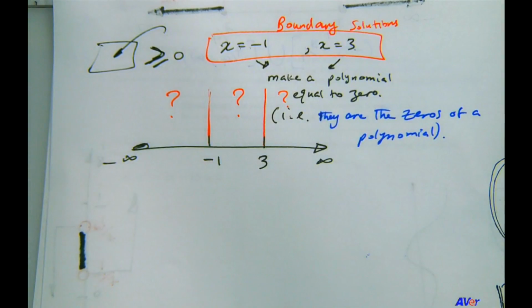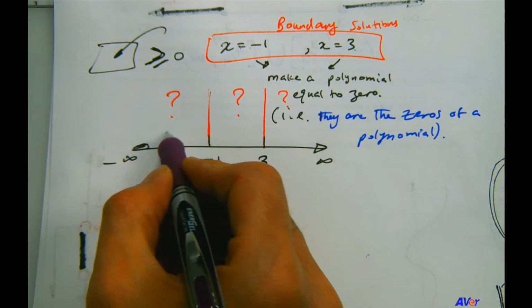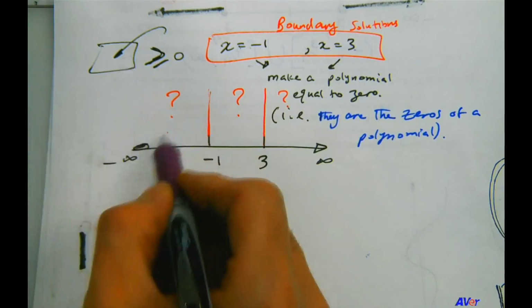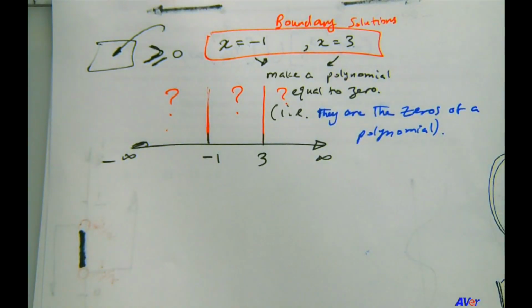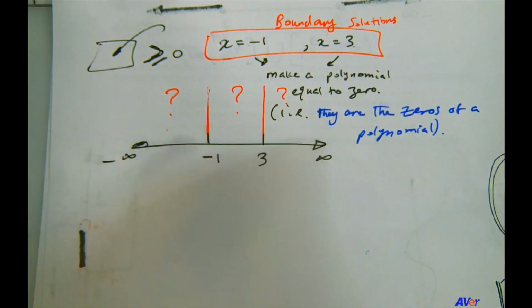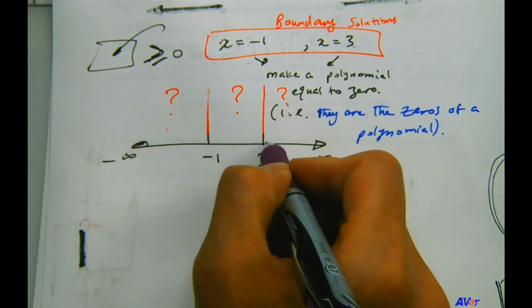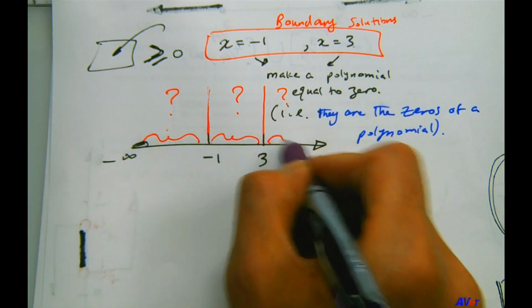Then why is this useful? This is why it's useful. If you test one number in this region to see if the inequality is valid at that point, then that result is valid for all numbers in that region. And there are infinitely many numbers in each region.